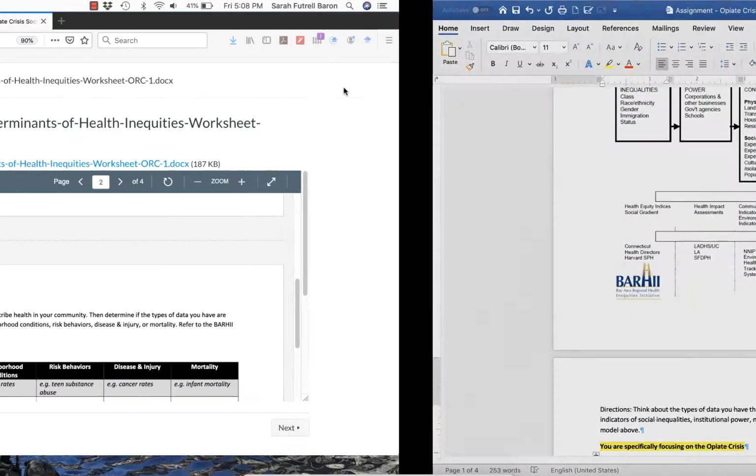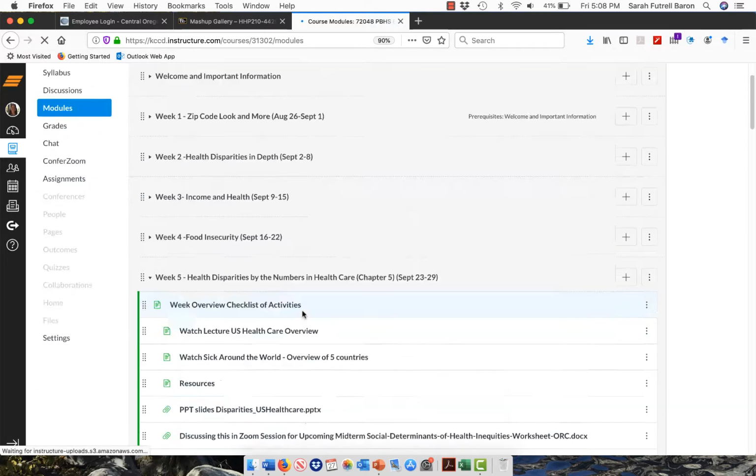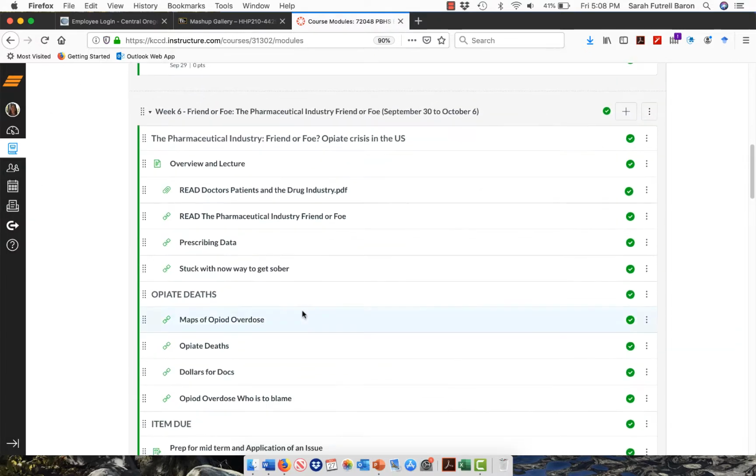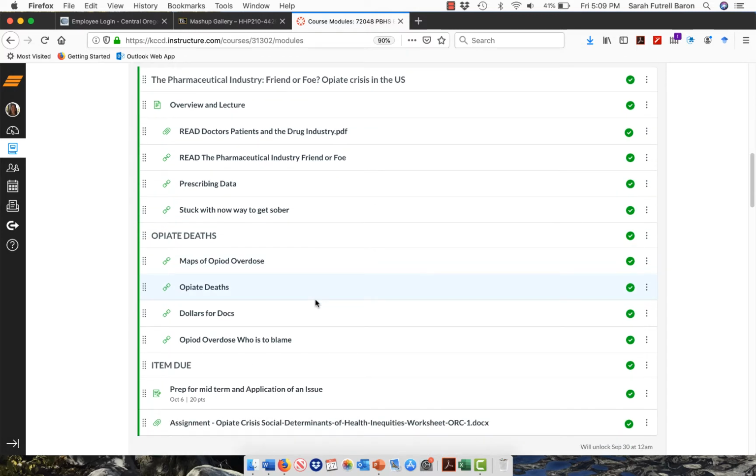Going back out to the module, everything I just talked about is in here: you can get the rates, the institutional power issues, and the prescribing data. And you're going to fill out the chart.